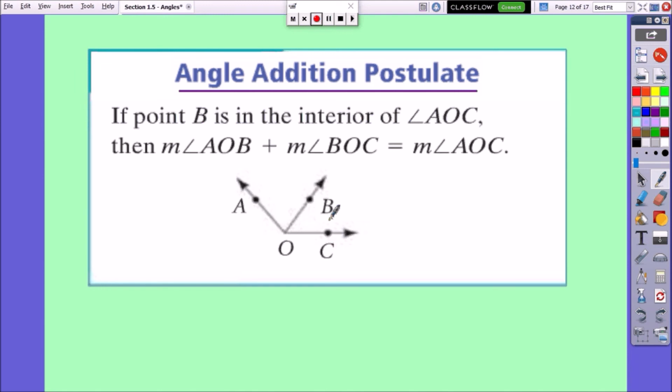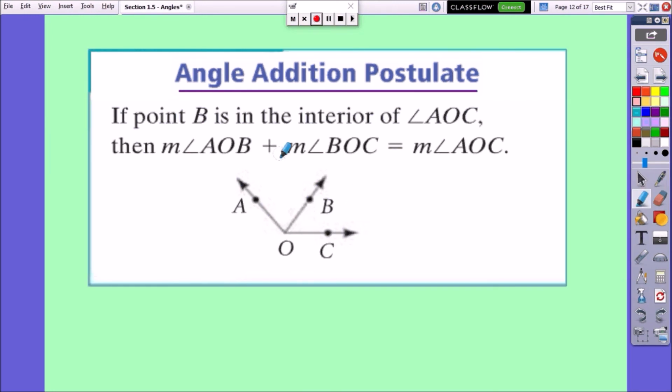So this says if point B is in the interior of angle AOC, so it's kind of inside it, then we can take that big angle AOC and draw another ray OB to split it up into 2 smaller angles.